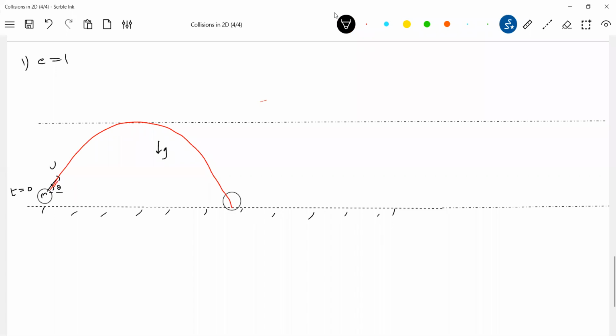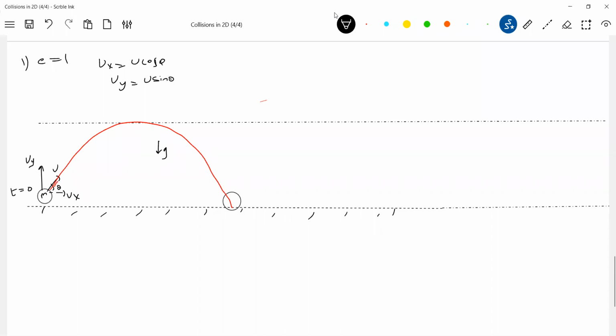Tell me what will happen here. Elastic collision. With what velocity it was projected, just resolve the velocities ux and uy. So ux is equal to u cos theta, uy is equal to u sin theta.